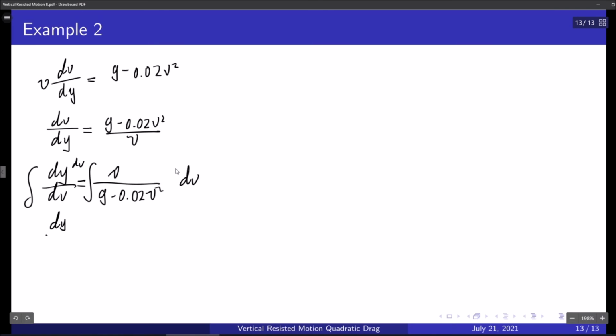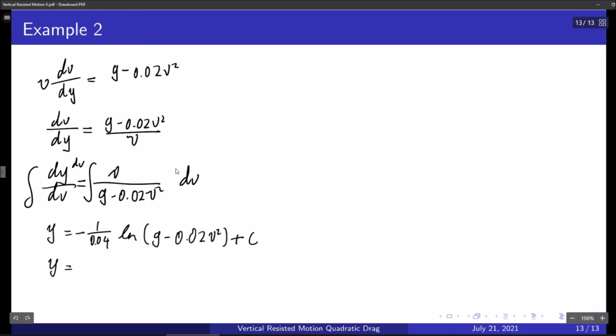What we end up with is y equals negative 1 over 0.04 log g minus 0.02 v squared plus c.